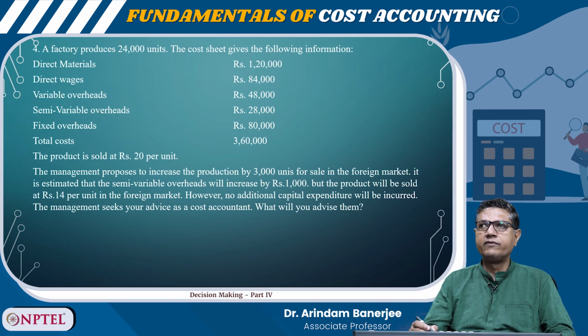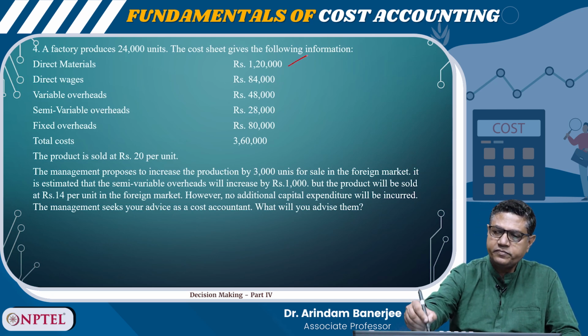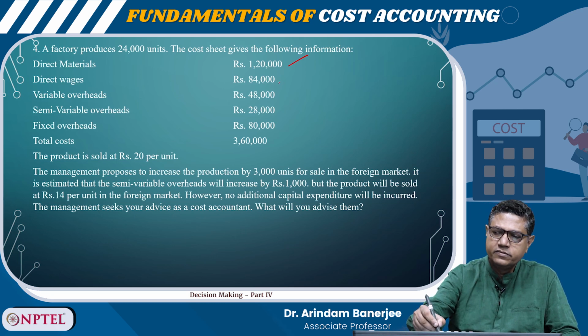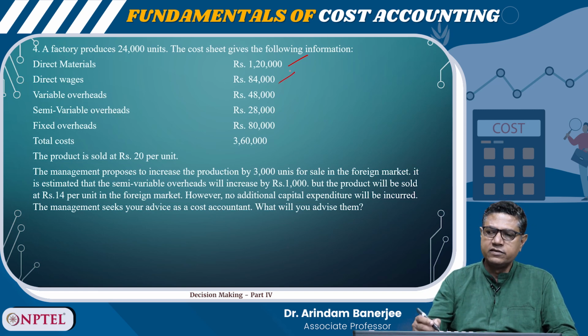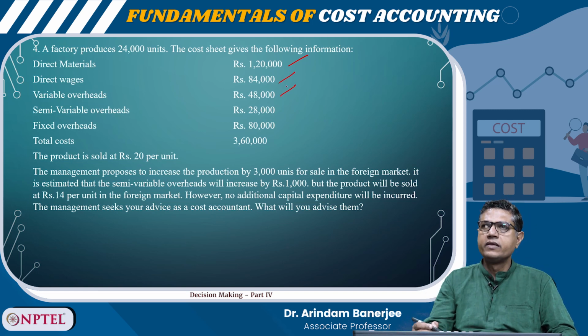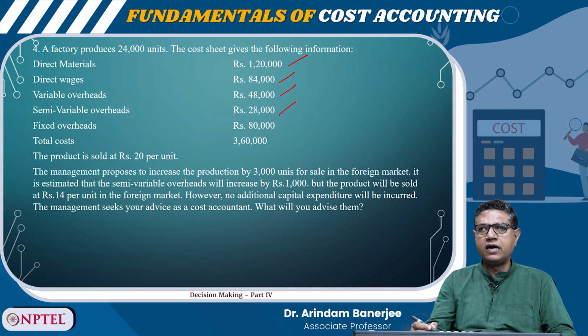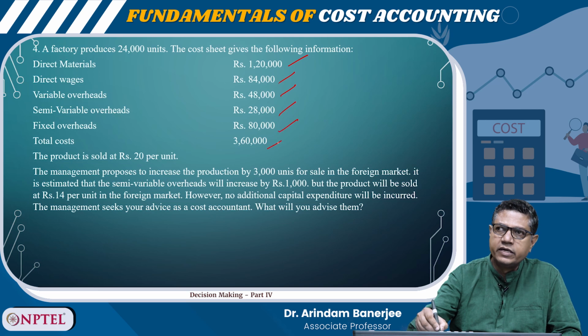The cost sheet gives the following information: direct material rupees 1,20,000, direct wages 84,000, variable overheads 48,000, semi-variable overheads 28,000. As I said earlier, semi-variable overheads are those which are partly fixed, partly variable in nature, right. Fixed overheads rupees 80,000, total cost rupees 3,60,000.